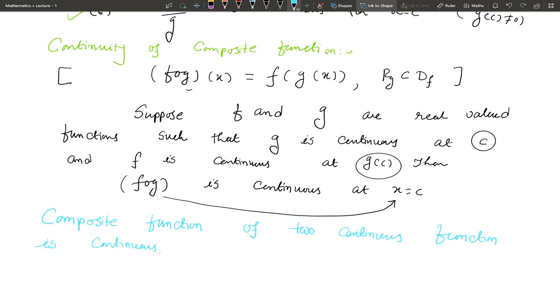Composite function of two continuous functions is continuous. This is the continuity of composite function.